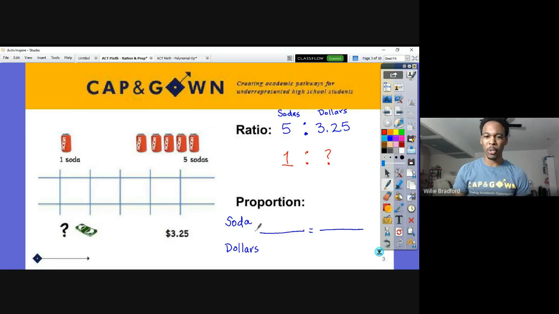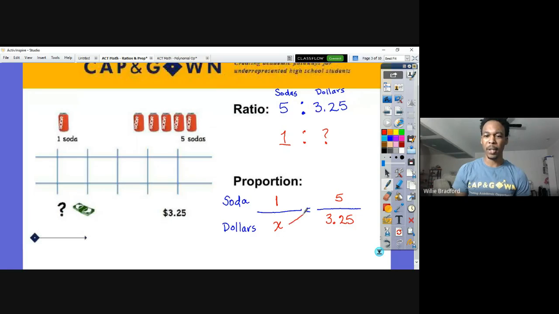Let's write it as a proportion to help us solve it. 1 soda costs an unknown amount of dollars, but 5 sodas costs $3.25.